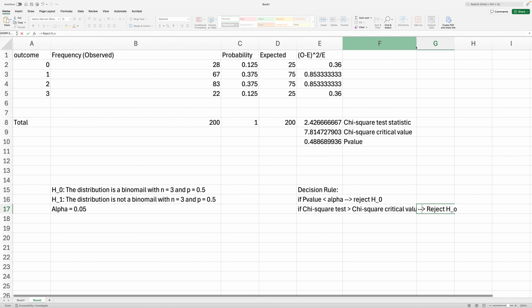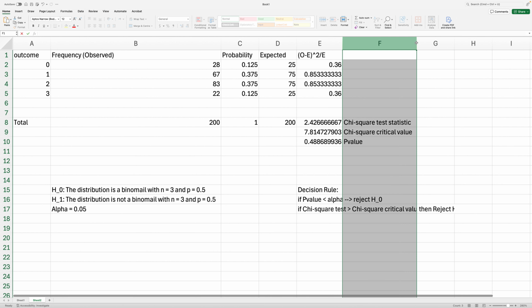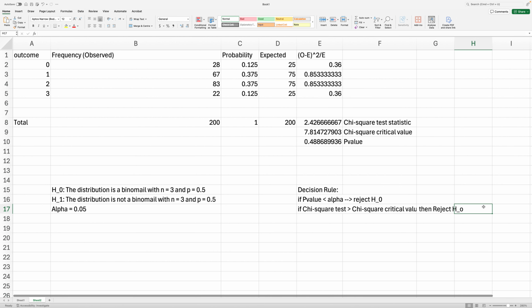Oops, Excel doesn't accept this. Okay. Then reject the null hypothesis. Otherwise, don't.